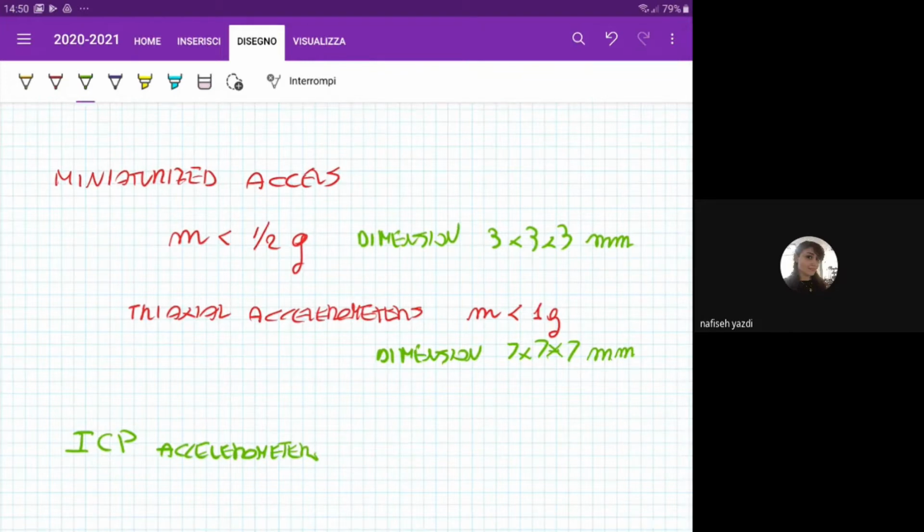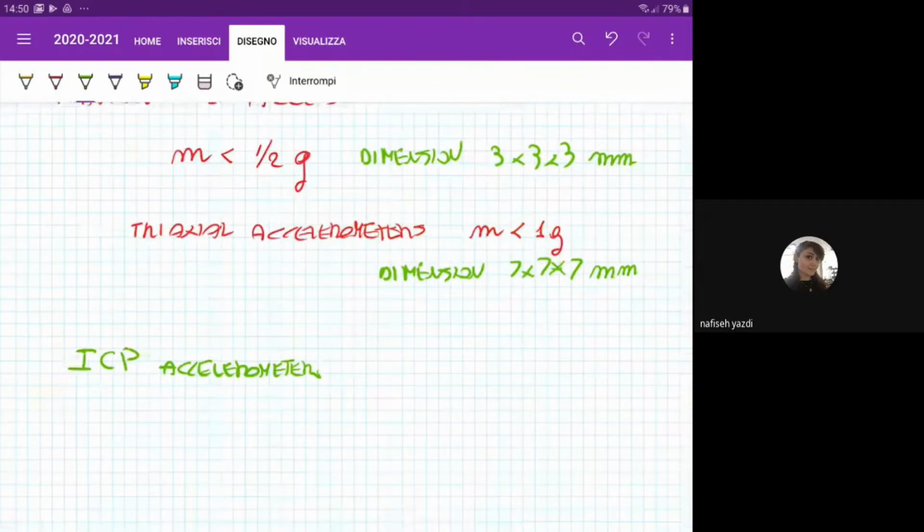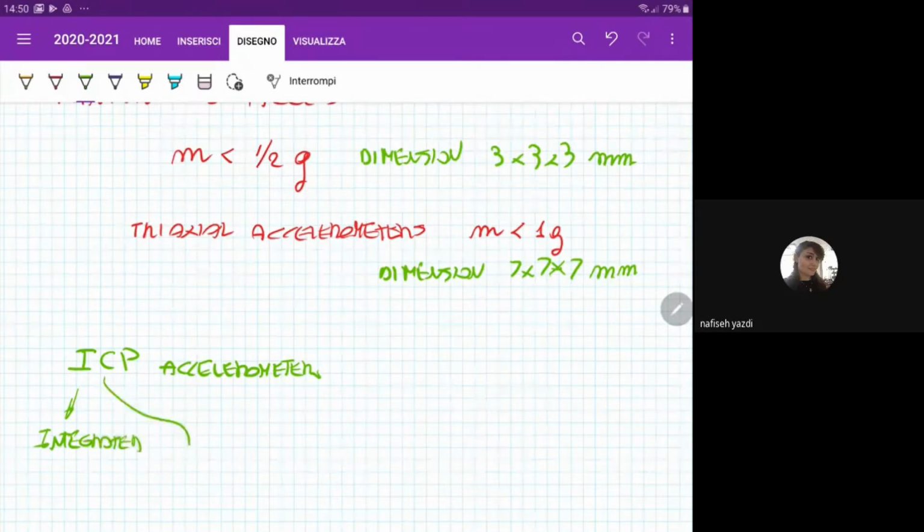So without not having the need to measure the charges as a first step. And these are called ICP accelerometers, integrated circuit PZT.